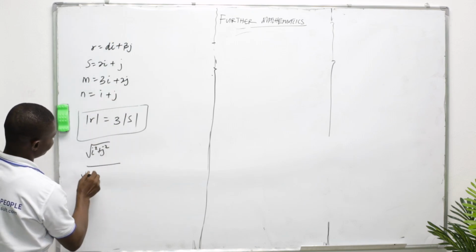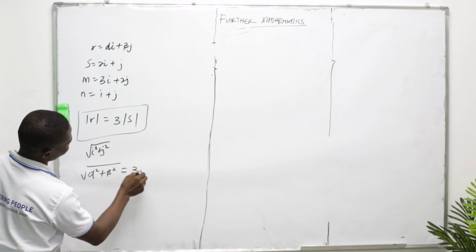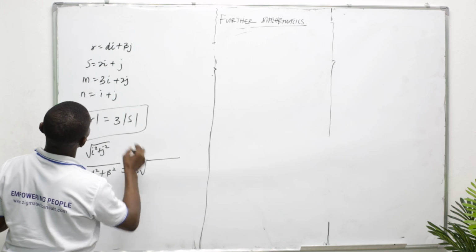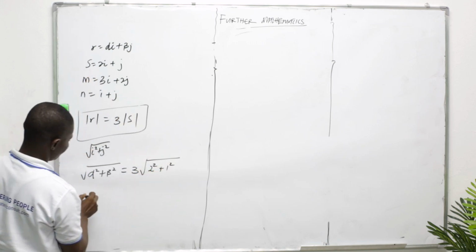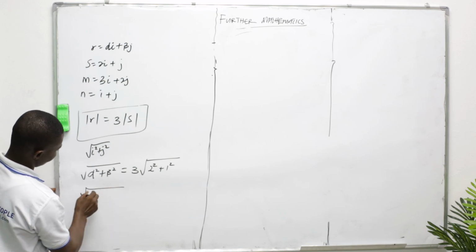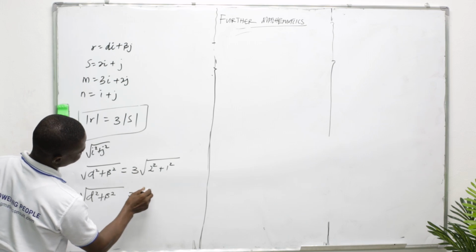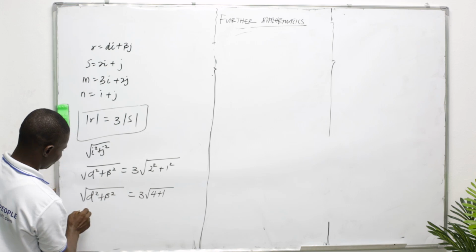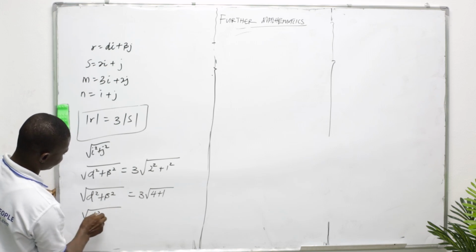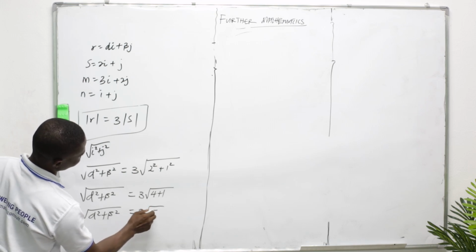Alpha and beta. So square root of alpha squared plus beta squared equals 3 multiplied by the square root of S. What is our S? 2 squared plus 1 squared. That gives us the square root of alpha squared plus beta squared equals 3 root of 4 plus 1, which is 3 root 5.